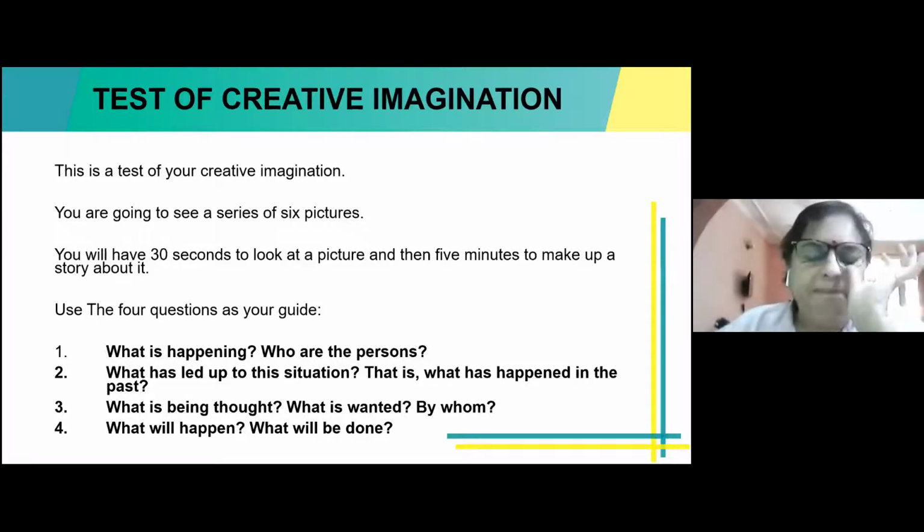What is happening? Who are the persons? What has led up to this situation? That is, what has happened in the past? What is being thought? What is wanted? By whom? What will happen?